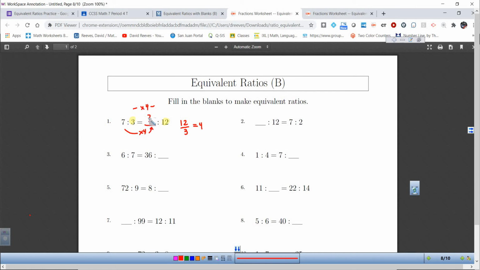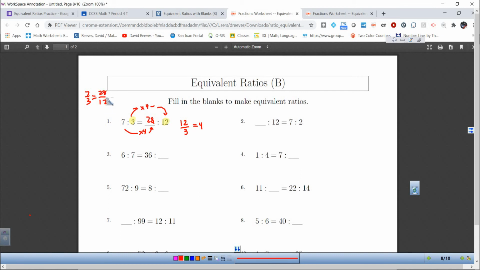And again, that answer now we know is 28, right? 7 times 4 is 28, and 3 times 4 is 12. Again, I don't want to confuse you. That doesn't mean that this second ratio is 4 times as big, all right? If, again, we can write ratios as a fraction, if I write 7 over 3 and 28 over 12, they are actually equal.